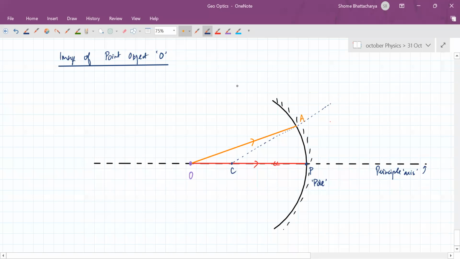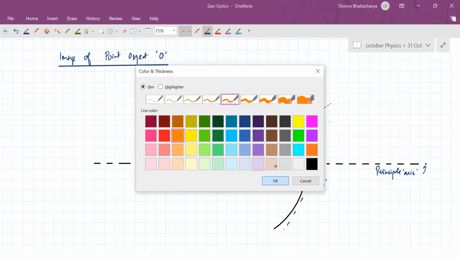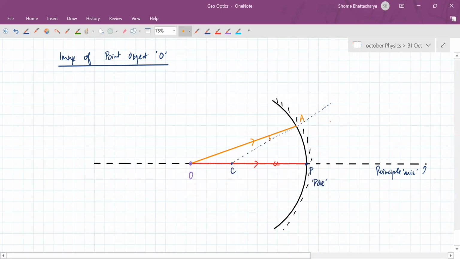Okay. So the angle of incidence for this one is going to be this angle here. This is the angle of incidence. Okay. So as you can understand from the laws of reflection, this will after reflection tend to go like this. And it will meet up with the principal axis. So it will intersect the principal axis at some point, let's say.